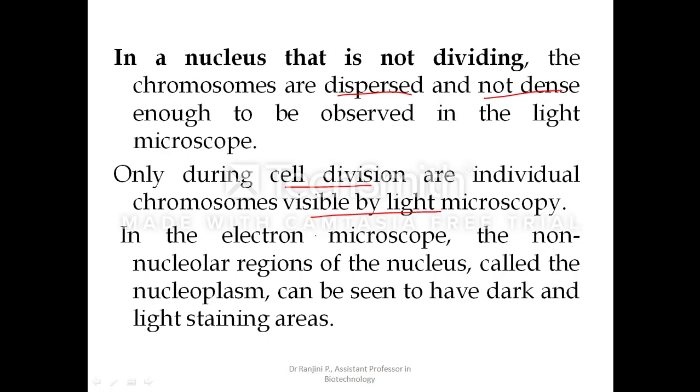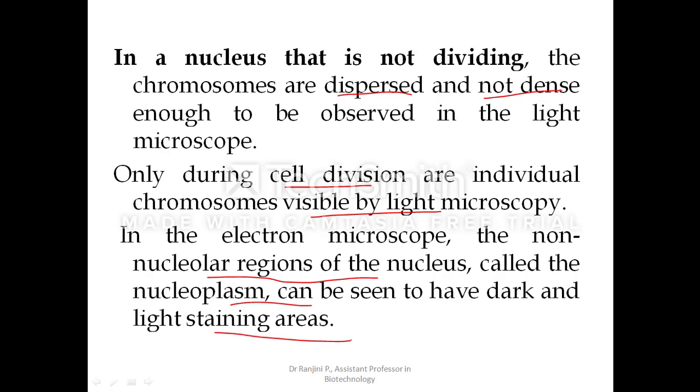In the electron microscope, the non-nucleolar regions of the nucleus, called the nucleoplasm, can be seen to have dark and light staining areas.